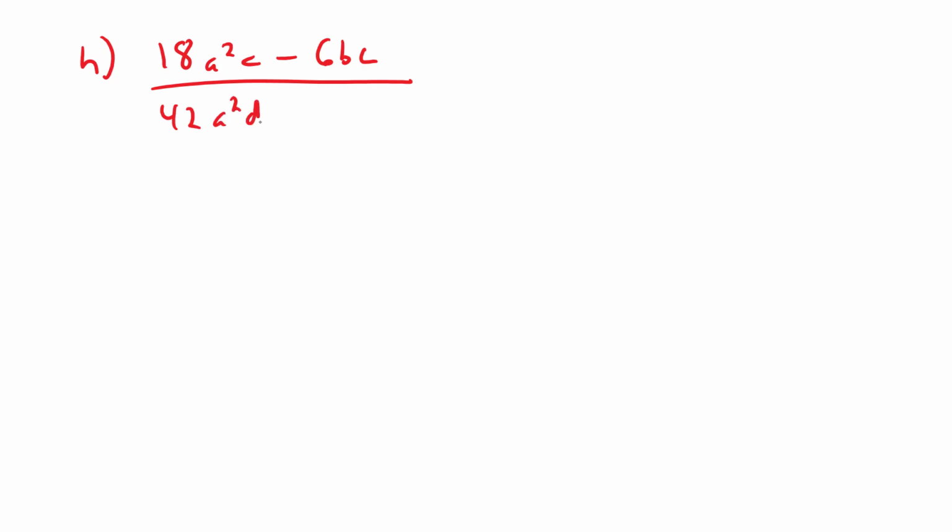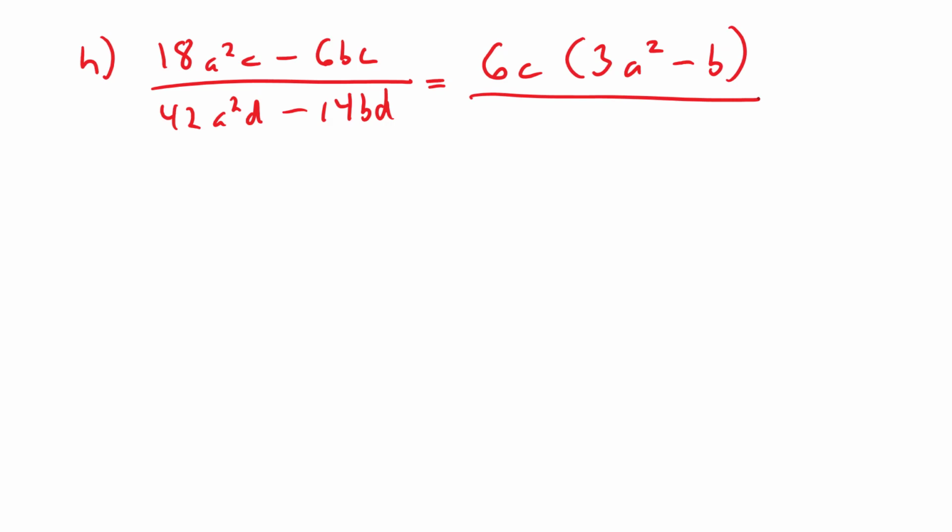Let's do h. Let's pull out common factors from the top. We have 6 as a common factor, and we have a c, leaving me with 3a squared over here I have just b. On the bottom, I can pull out a common factor of 14.